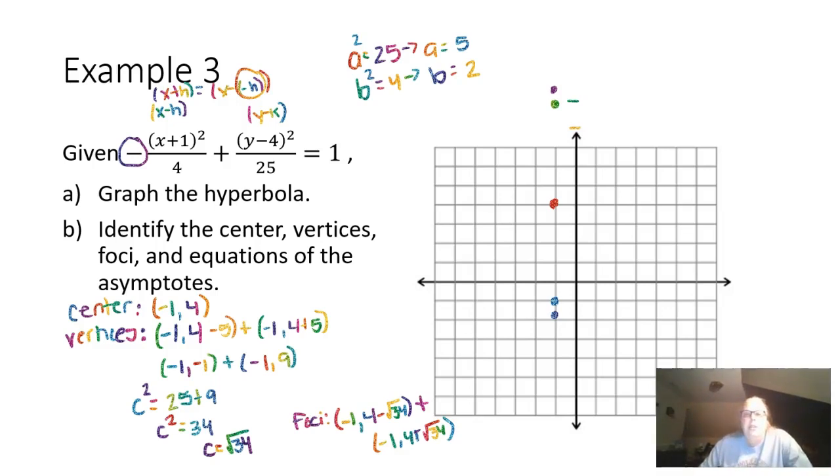Now let's sketch in our rectangle. We said b was equal to 2, so that means I want to go 2 to the right from my center and 2 to the left from my center. Let's sketch this rectangle in here, and it's going to look kind of like this.